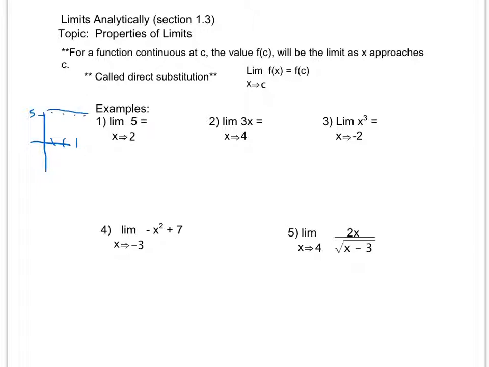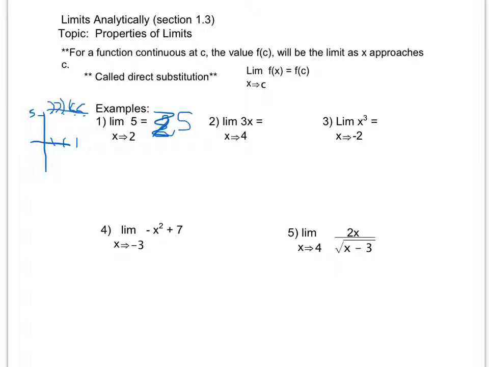So when x approaches 2, aren't I just going to still be at a y value of 5? Okay, so if I have a constant function, my limit, no matter what I plug in, is just going to be that constant. And I wrote 2 and I meant to write 5, sorry. It's just going to be that constant.